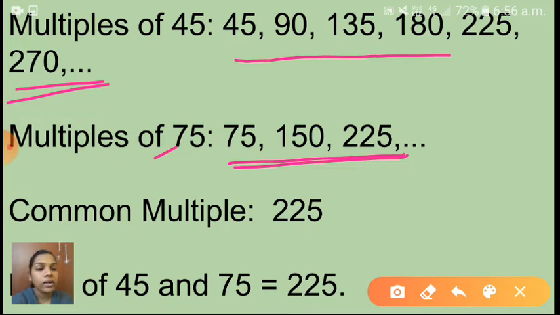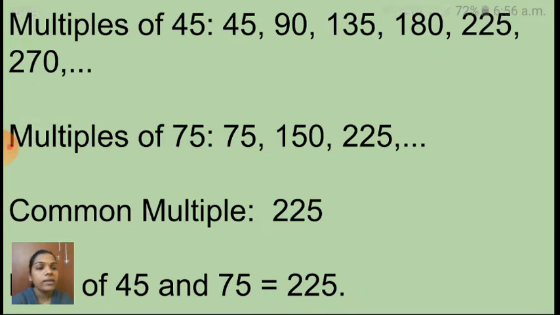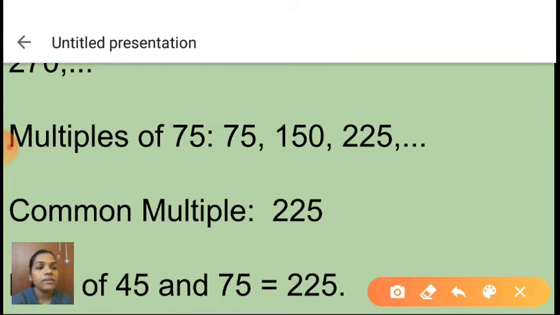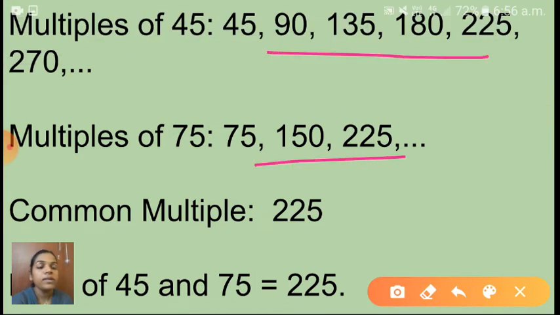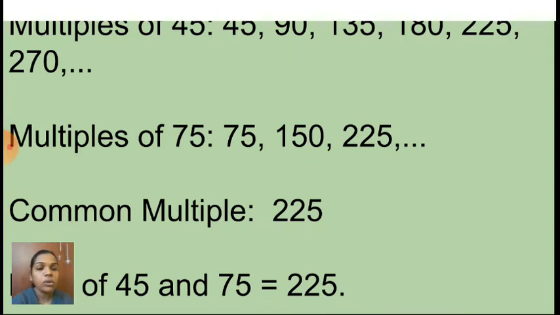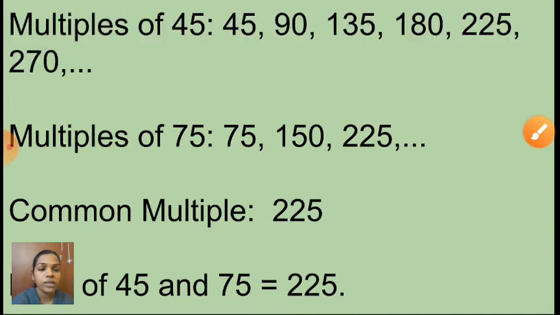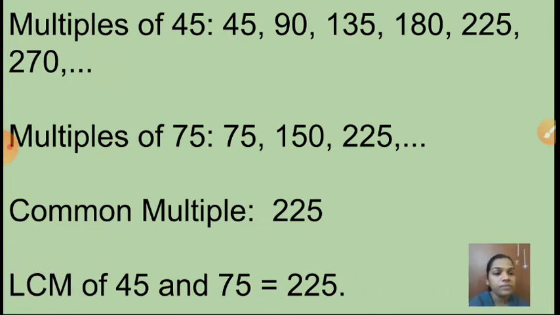See these two lines, children. Can you see any common multiple? Yes, very good, 225. So the common multiple is 225. So the LCM of 45 and 75 is what? 225.